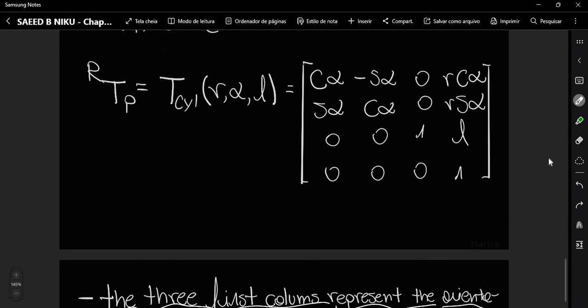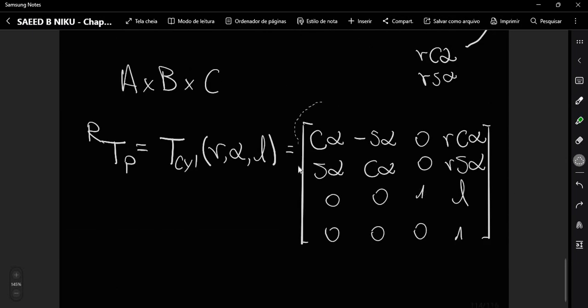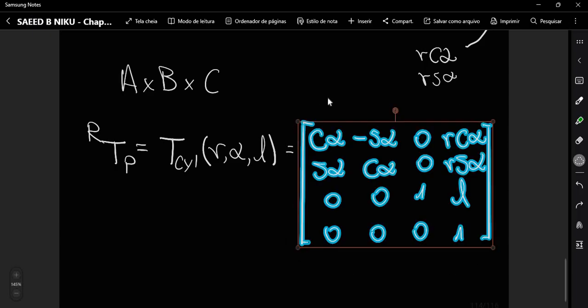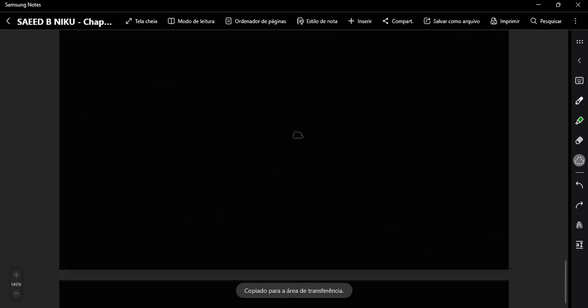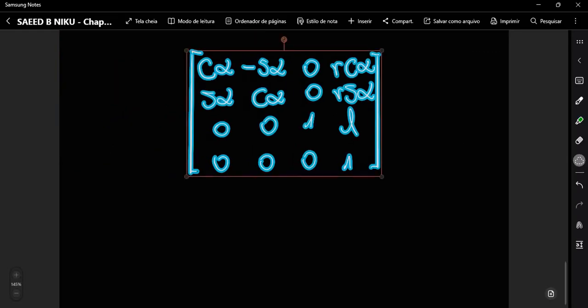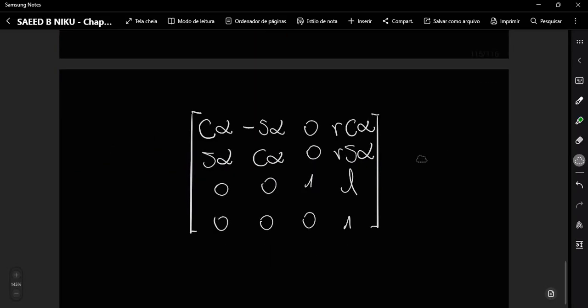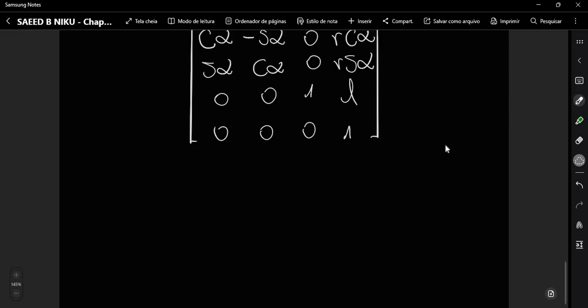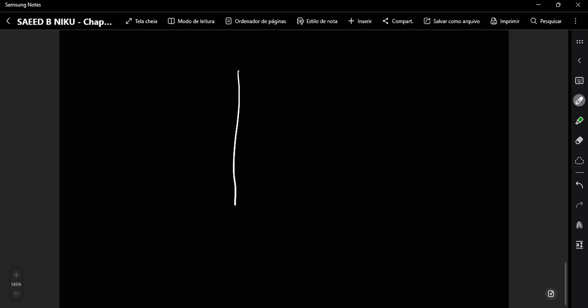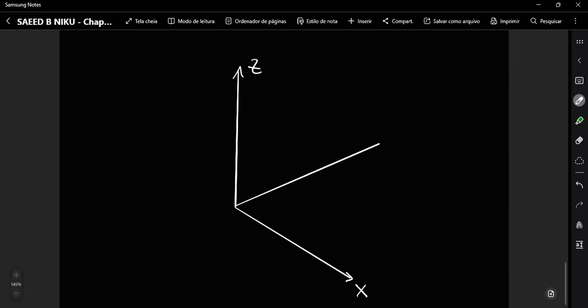I will copy this matrix, and we will try to represent each of these elements in the cylindrical coordinate system. So let's draw. This is the z-axis, the x-axis, and the y-axis.